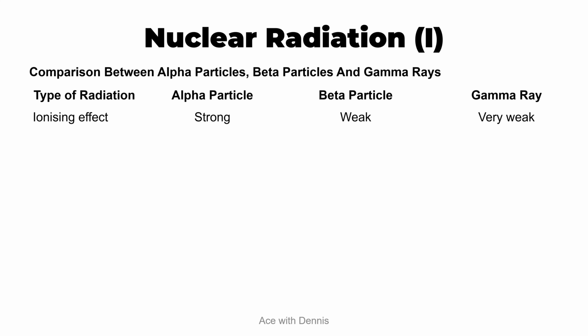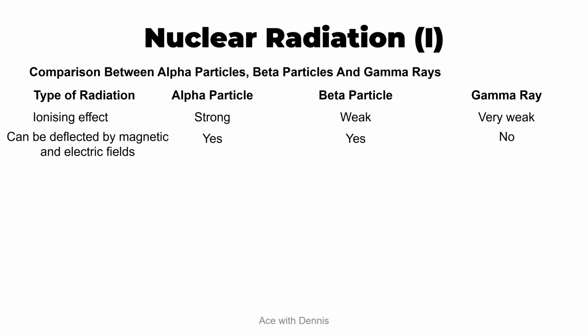And the next comparison is, can they be deflected by magnetic and electric fields? For alpha particle, yes, and for beta particle, yes as well, as both of them have charges. For gamma ray, since it is neutral, it is not deflected by magnetic and electric fields.